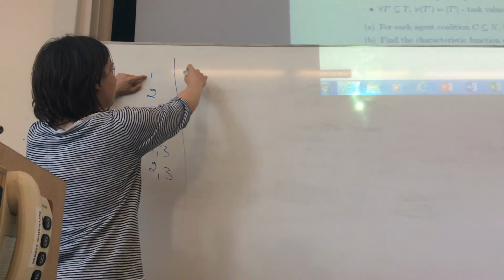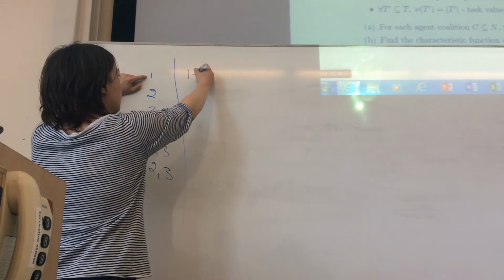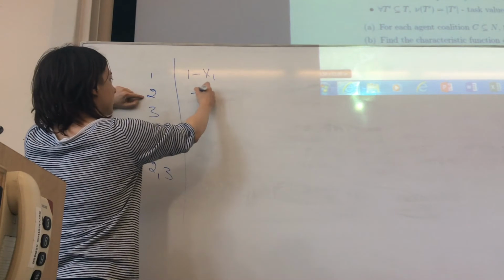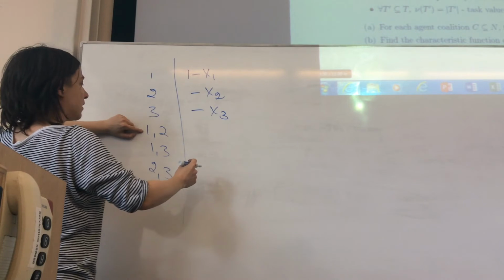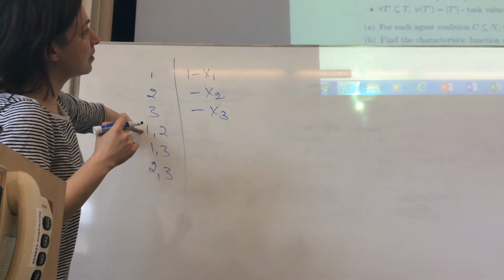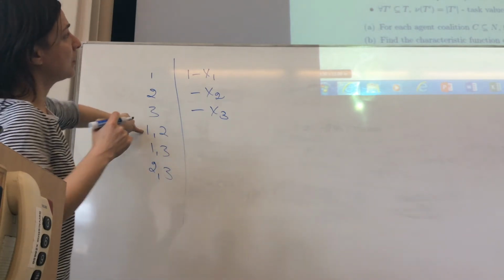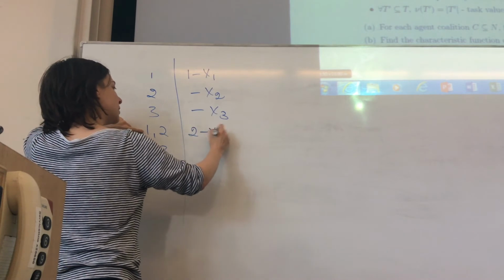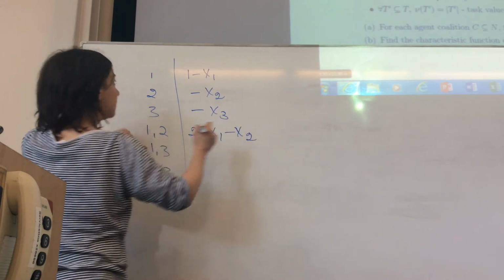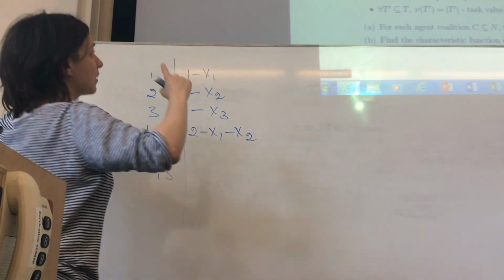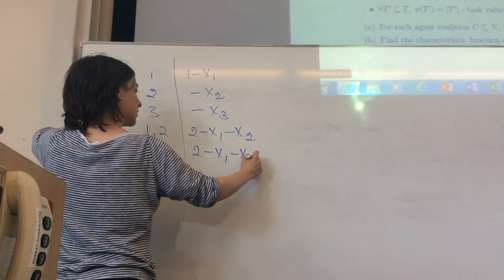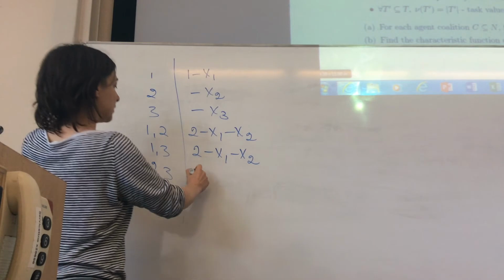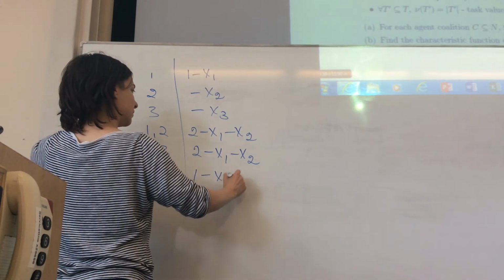The value of that coalition was 1, so it's 1 minus x1 minus x2 minus x3. 1 and 2 together, 2 minus x1 minus x2. 1 and 3 together, 2 minus x1 minus x2, and 2 and 3 is 1 minus x2.